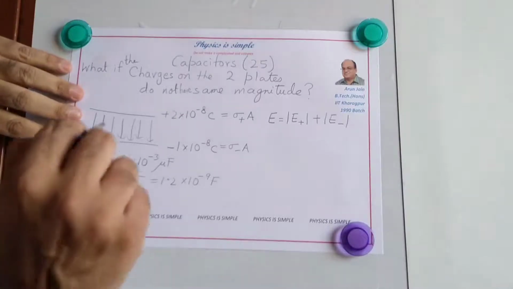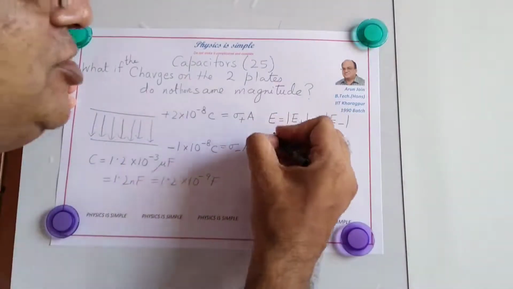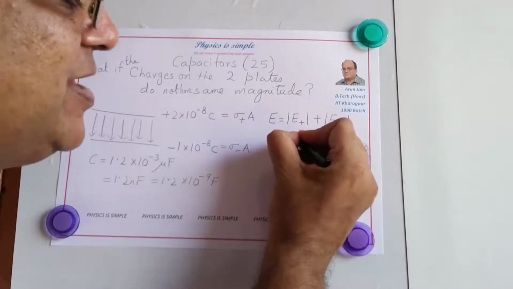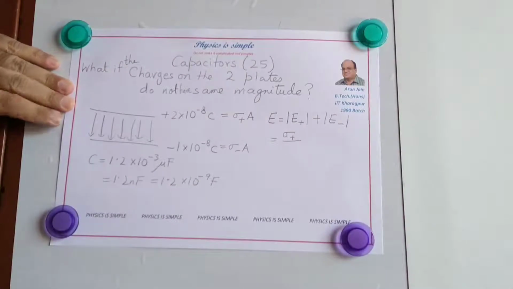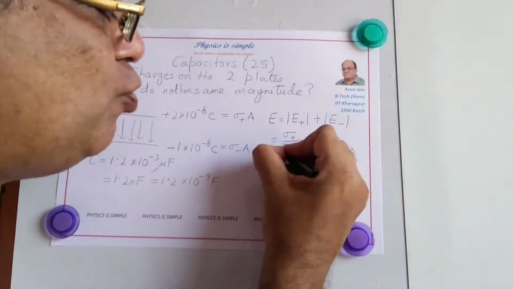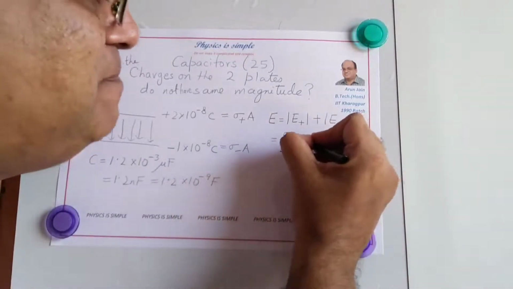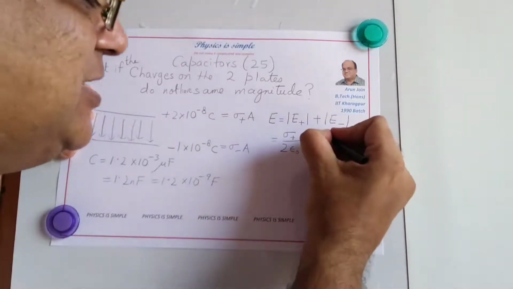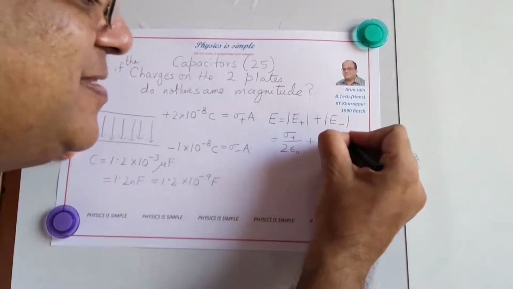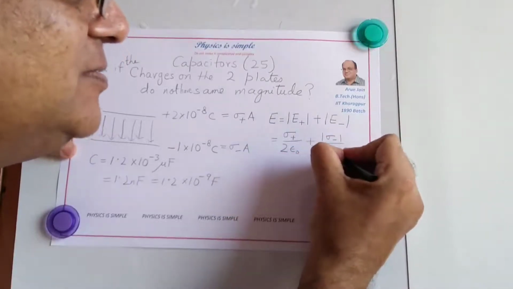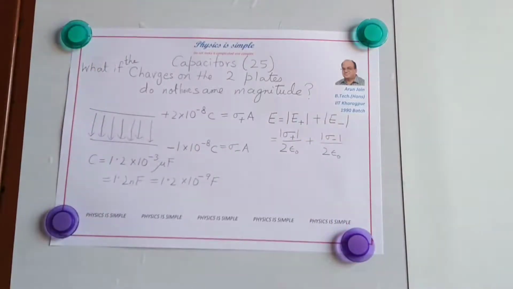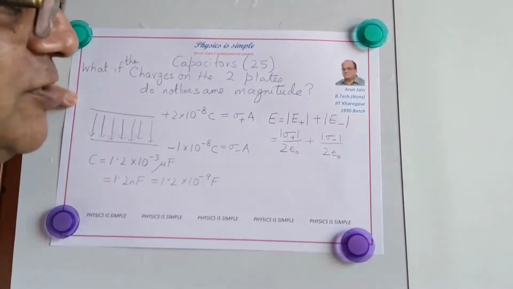The electric field due to the plus charge is given by whatever charge per unit area is there on the positive plate divided by 2 epsilon naught, plus the charge per unit area, only the magnitude, sigma minus by 2 epsilon naught. For uniformity we can put a magnitude sign here because we have taken care of the direction. Both the electric fields are in the same direction.